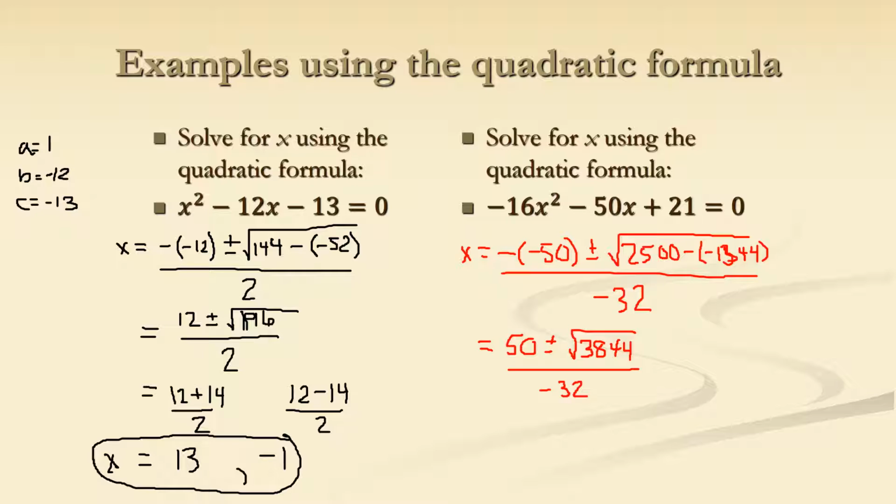When you take the square root of 3,844, that gives you 62. So we now have 50 plus 62 over negative 32 and 50 minus 62 over negative 32.